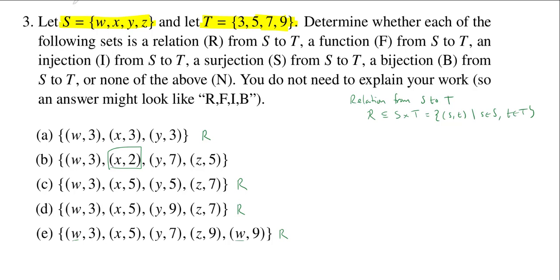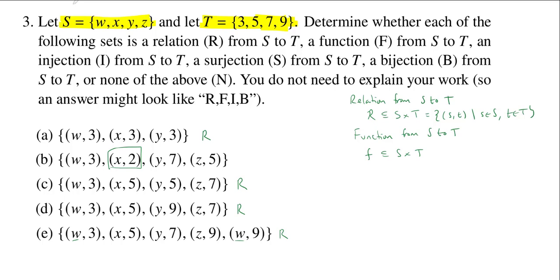So what's the difference between a function and a relation? A function from S to T, well, let me call it little f for function. This also has to be a relation, so it is also a subset of S cross T, but it has to have an extra condition. Actually, two extra conditions.